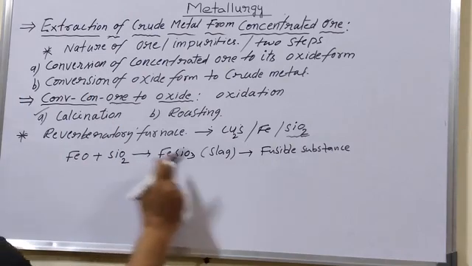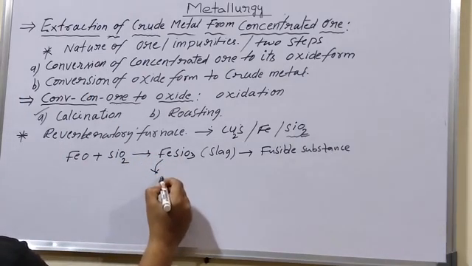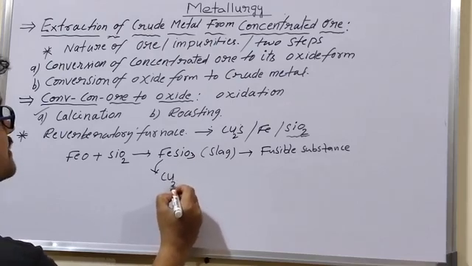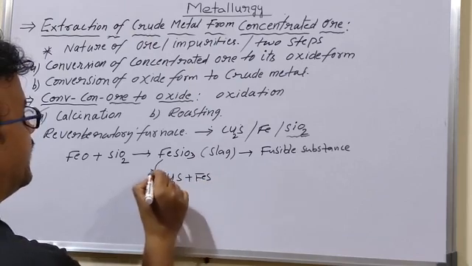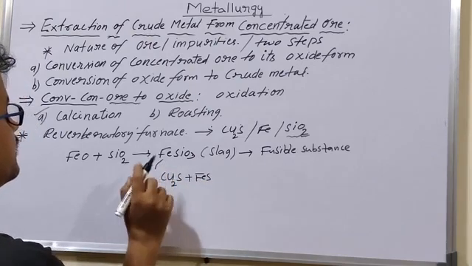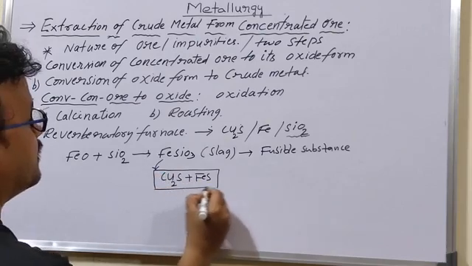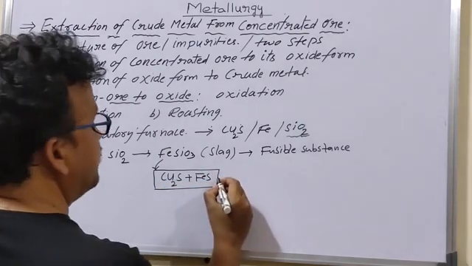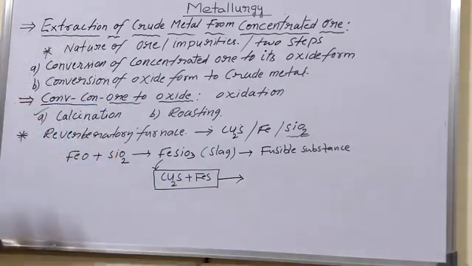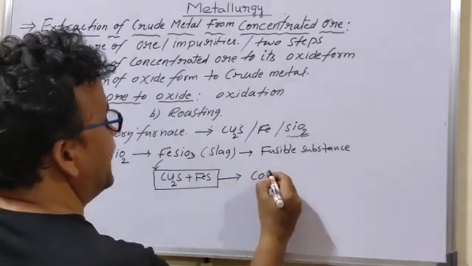But this iron silicate is formed along with copper sulfide plus a little bit of iron sulfide. So the matte is formed in the form of the mixture of copper sulfide and iron sulfide. The mixture of copper sulfide and iron sulfide is well known as copper matte.